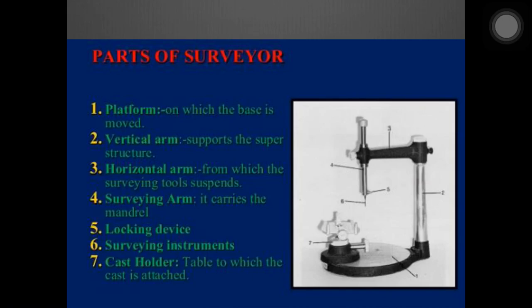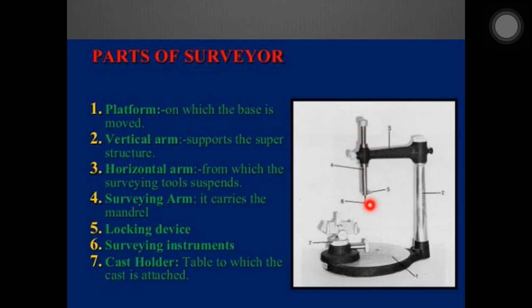The vertical arm supports the superstructure. This whole part is the superstructure. The horizontal arm is this, and this, which is vertical, is called the surveying arm.